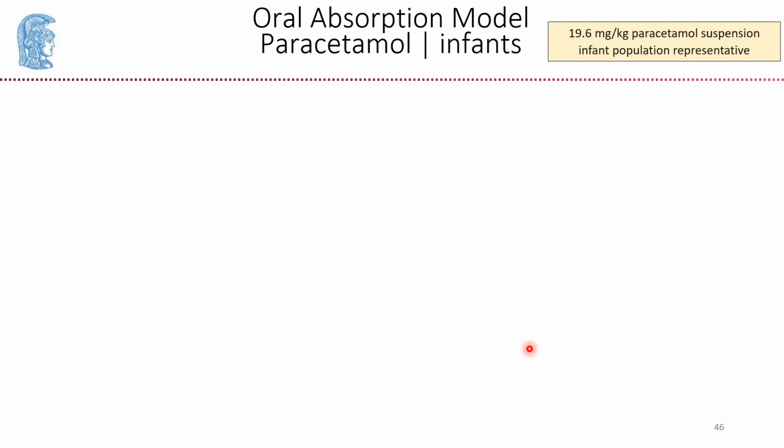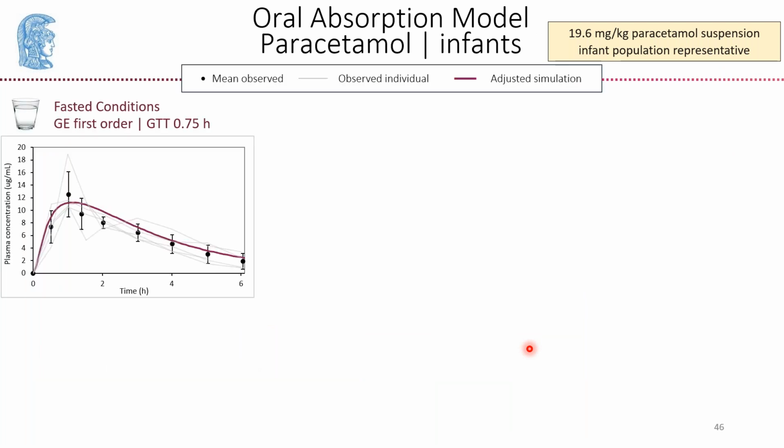Starting with our simulations for this study, applying firstly our fasted conditions. As we said, we kept the gastric emptying order observed in adults and the gastric transit time. We did not change this because we had fasted conditions.